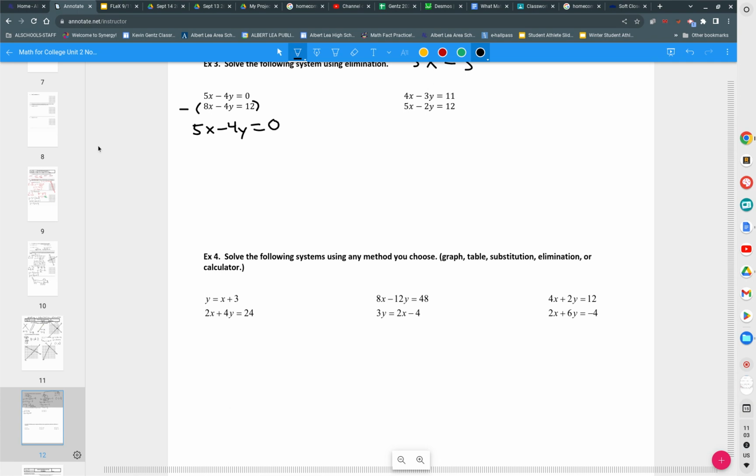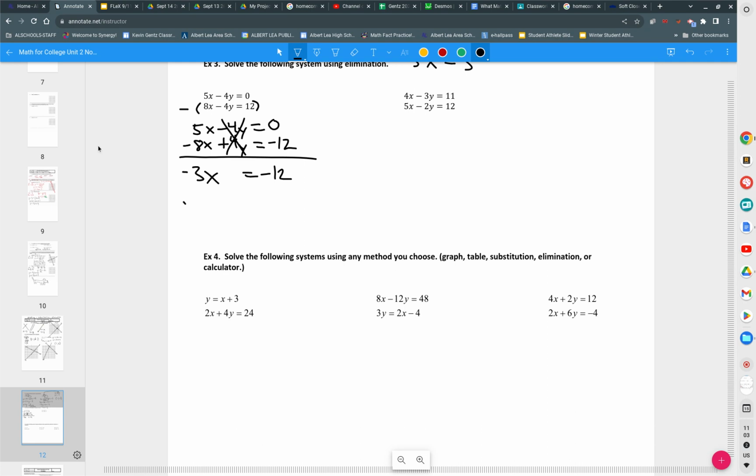But on the bottom, I have a -8x, I have a +4y, and I have a -12. Now you can see that the y's are opposite in value. So now when you add them together, I get a -3x. Notice how the y's make 0, and I get a -12.